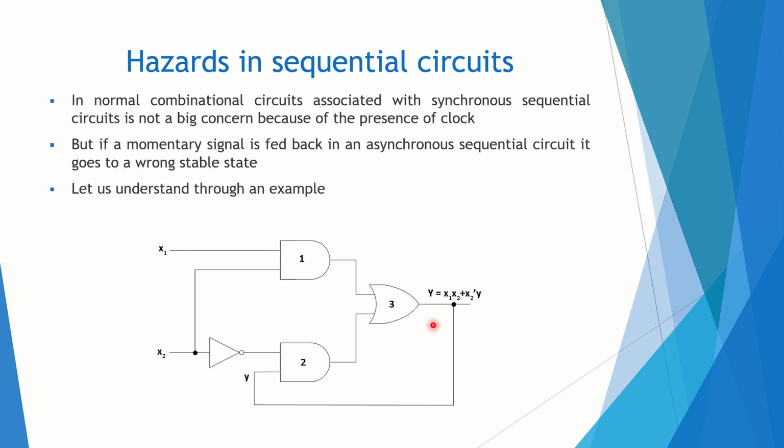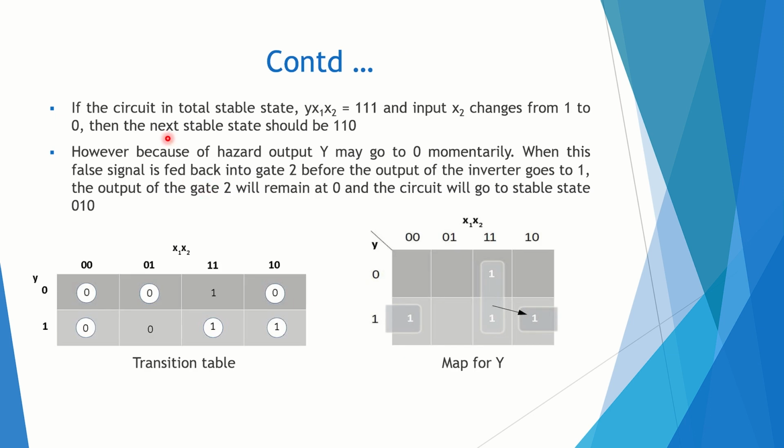This is an example. There is a feedback here. This is the excitation state, and this is the output y here, and the function is x1 x2 plus x2 bar y. There are 3 gates here, and there are 3 gate delays: a 3-level gate, 3-level equation, 3-level architecture. Suppose the circuit is in total stable state y x1 x2 equal to 1 1 1.